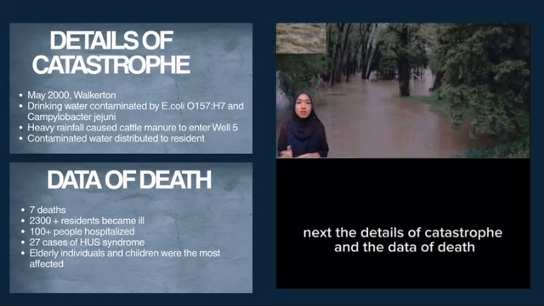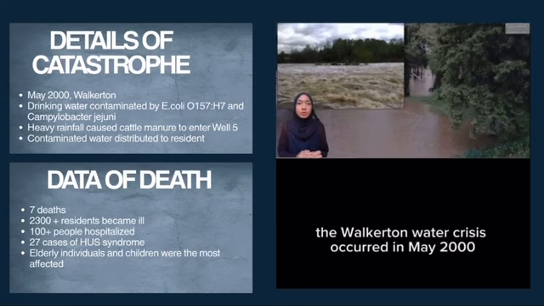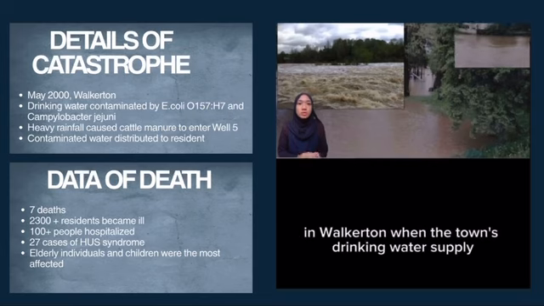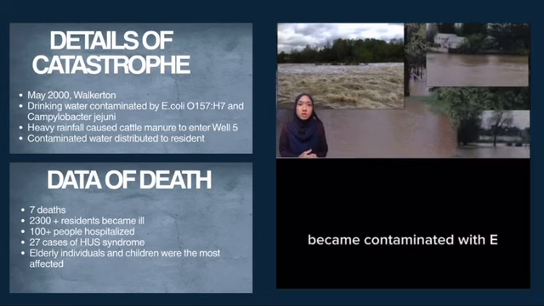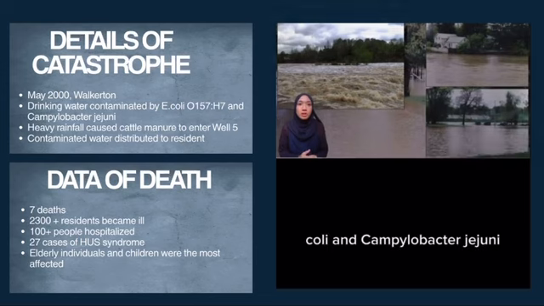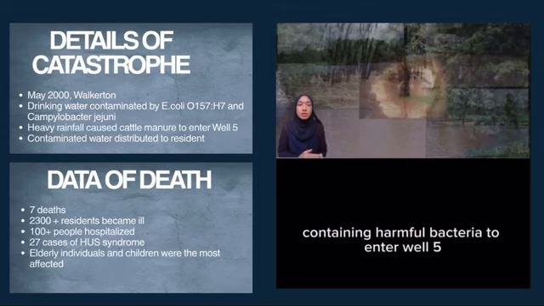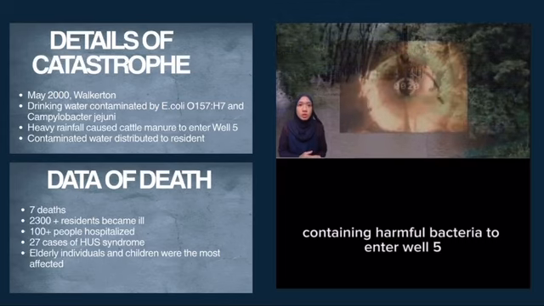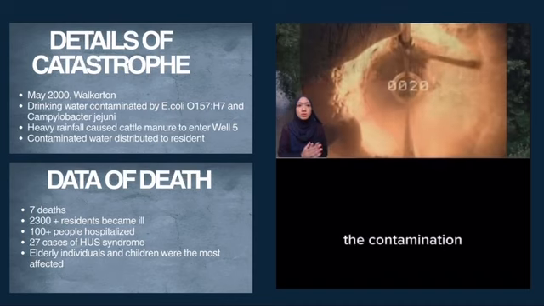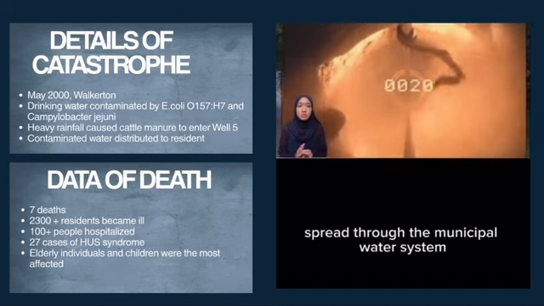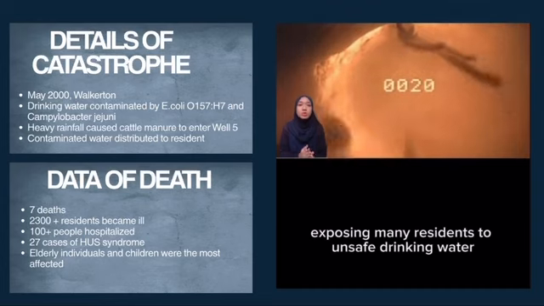Next, the details of the catastrophe and the data of death. The Walkerton water crisis occurred in May 2000 in Walkerton when the town's drinking water supply became contaminated with E. coli and Campylobacter jejuni. Heavy rainfall caused cattle manure containing harmful bacteria to enter Well 5, which supplied water to the community. The contamination spread through the municipal water system, exposing many residents to unsafe drinking water.